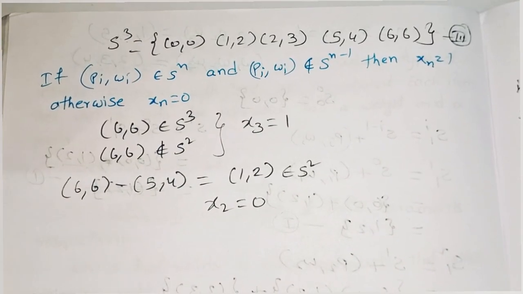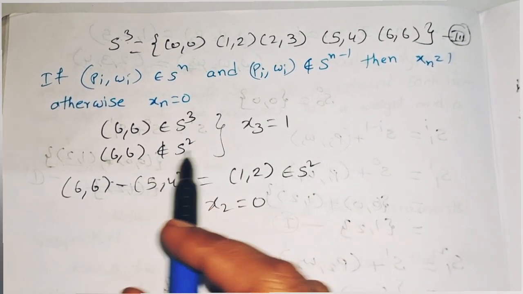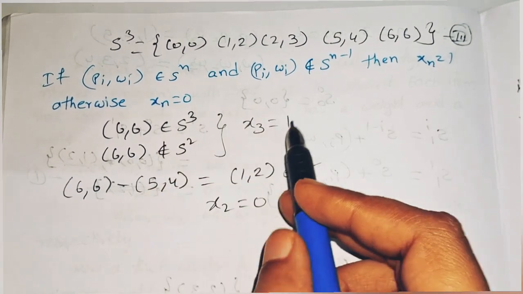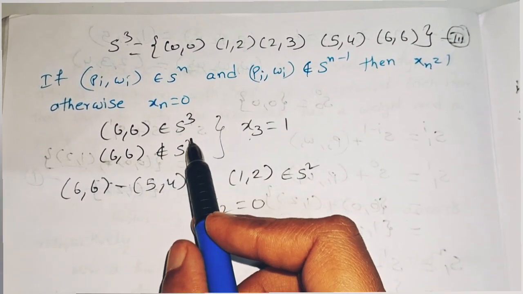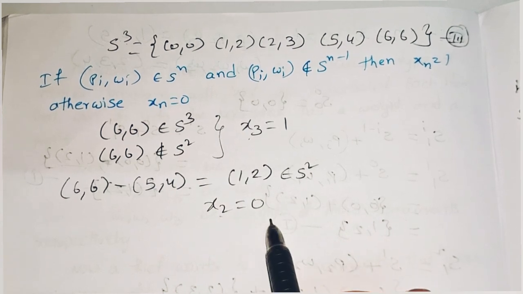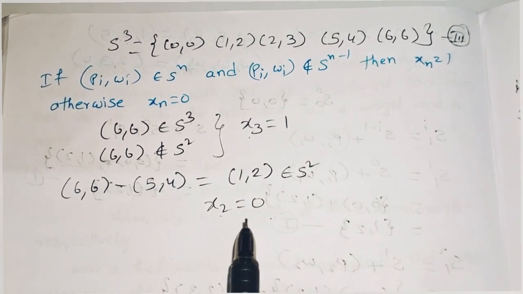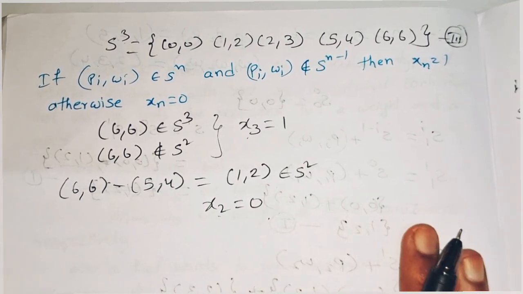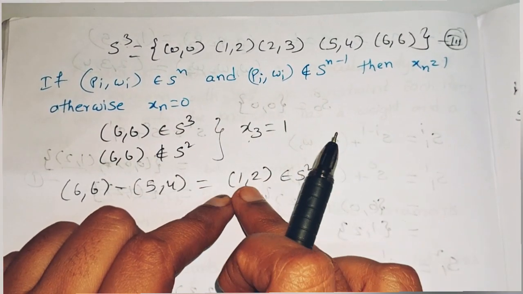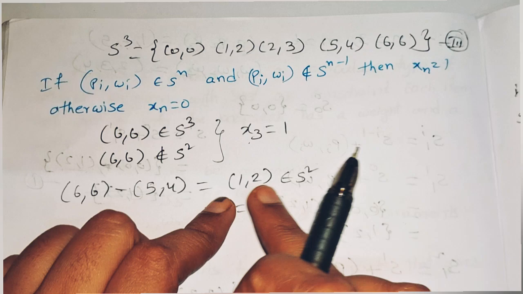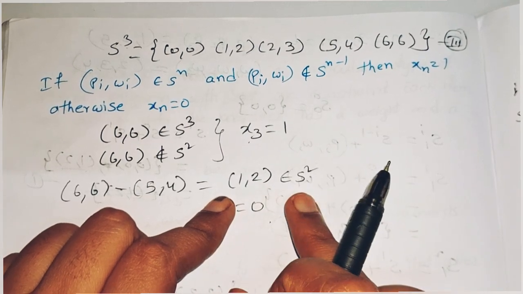Now we will check the remaining two, that is the S1 and S0. We have finished the S2 and S3. So X3 equals 1 means we can place the third item into the bag, and X2 equals 0 means we should not place the second item into the bag. Since it is not satisfying this condition, we are taking the 1, 2 and checking whether the 1, 2 is available in both S1 and S0 or not.